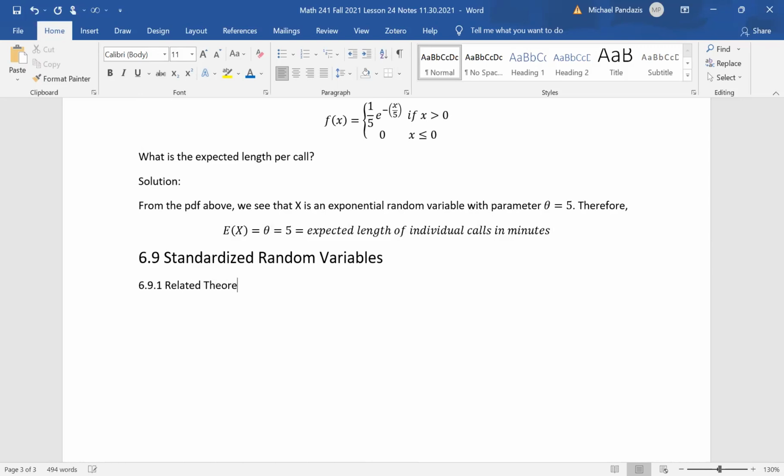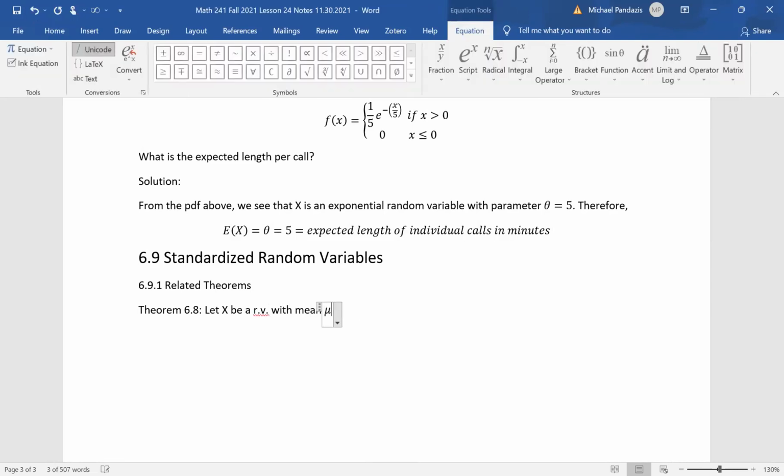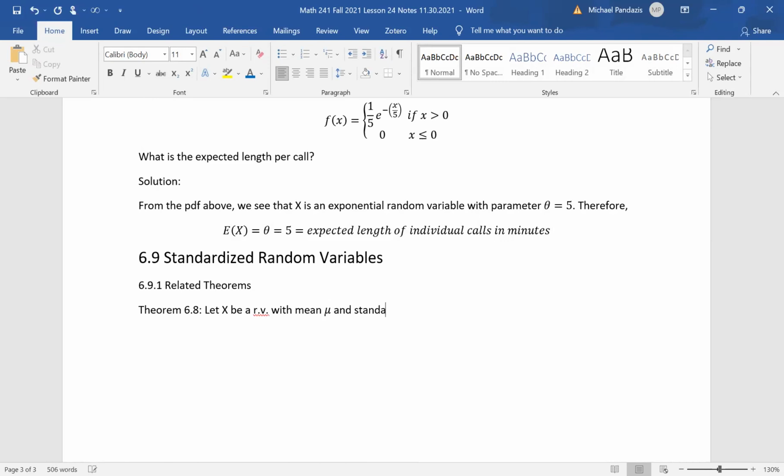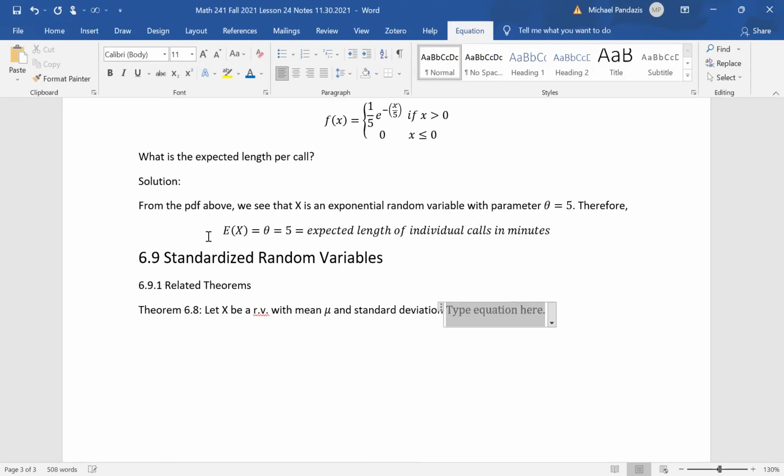So let's talk about some theorems. So this is theorem 6.8. Let capital X be a random variable with mean mu and standard deviation sigma.